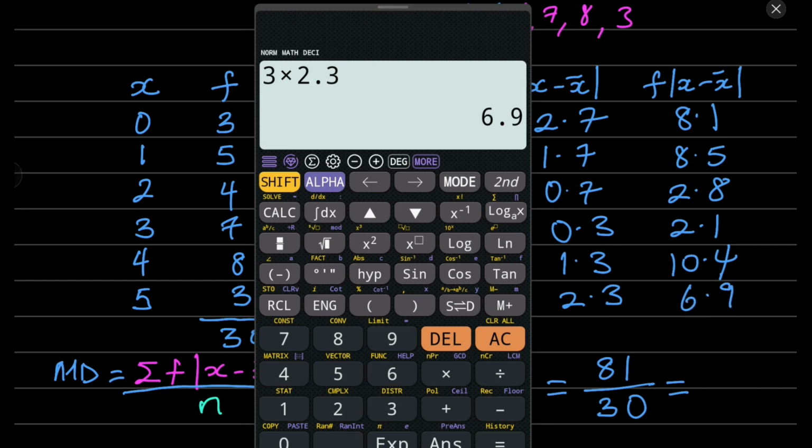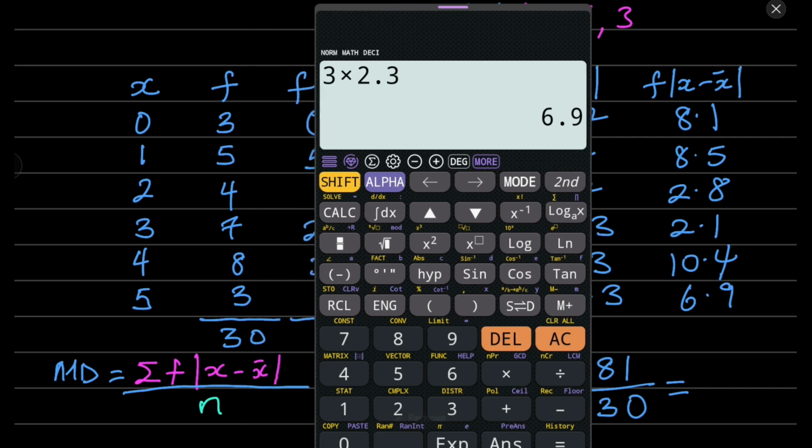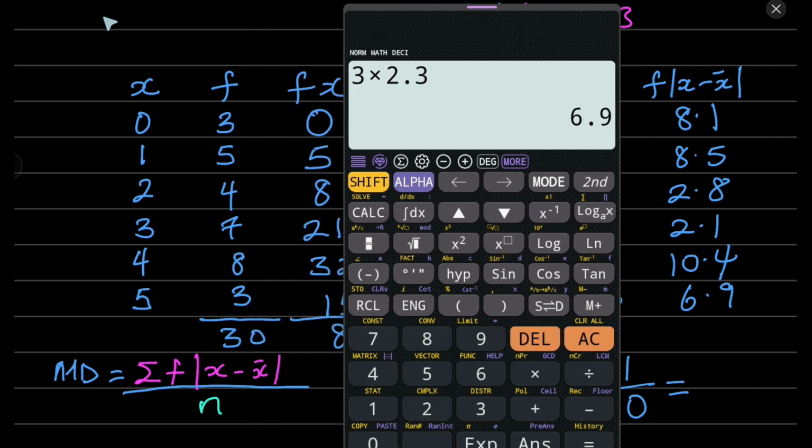So back to the formula. The formula says, after you found your f multiplied by the absolute deviations, you can sum them up.